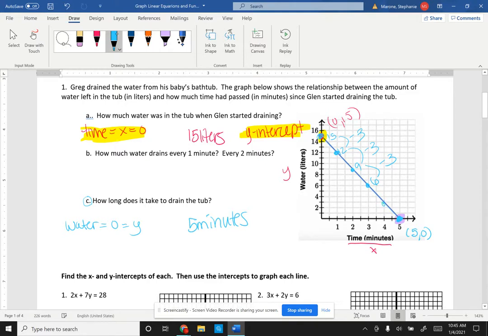It's always going down 3 liters. It's not going to go down 3 liters in a minute and then down 4 and then down 7, then down 6 for this equation. It's always going down in a linear fashion. So it drains 3 liters every minute and 6 liters every 2 minutes.